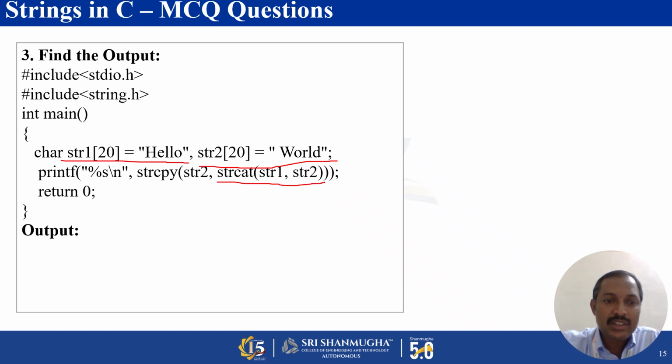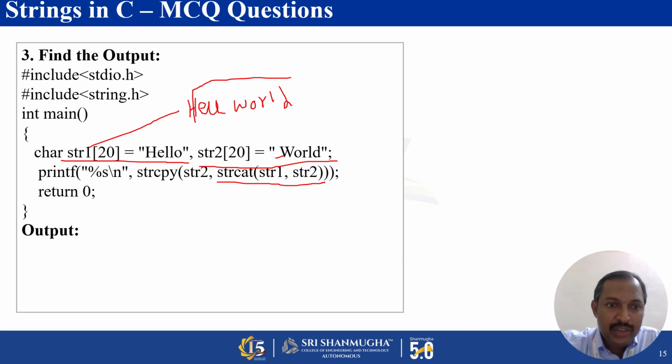Actually str1 is hello. At the end of str1, str2 is going to be added. That means this value is going to be changed to hello space world, because before world there is a space. So this is the value of str1 now, hello world.